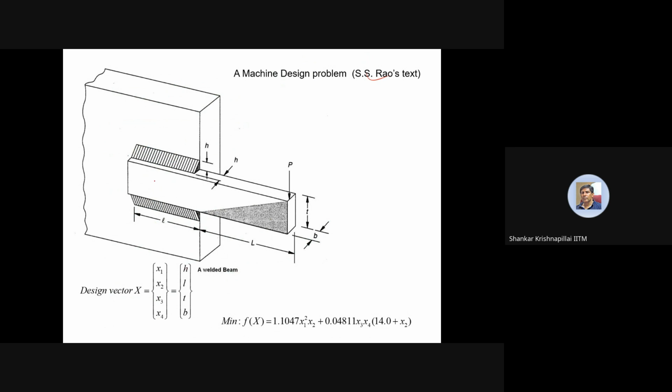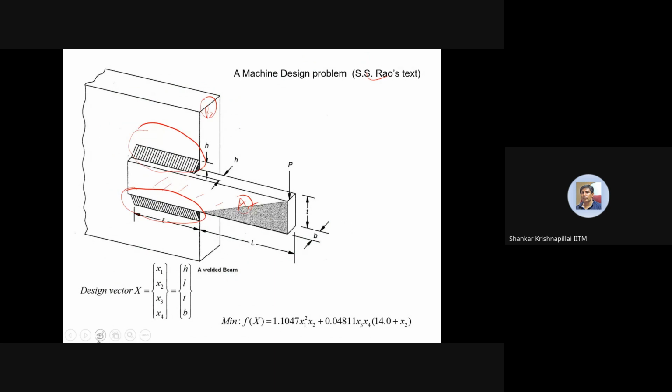Basically you can see that a metal piece A is welded to a block B, and the purpose of this optimization is to minimize the volume of this weld area.